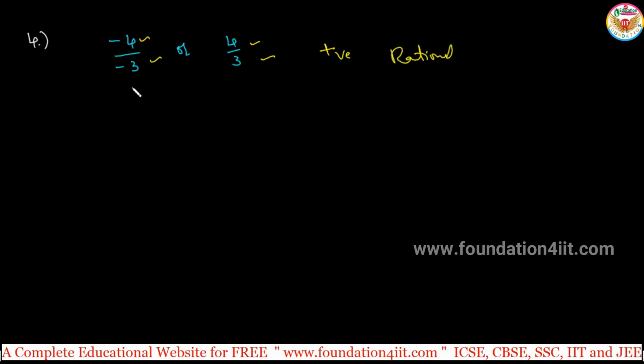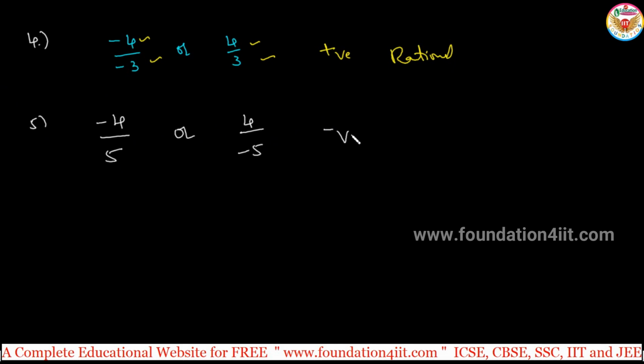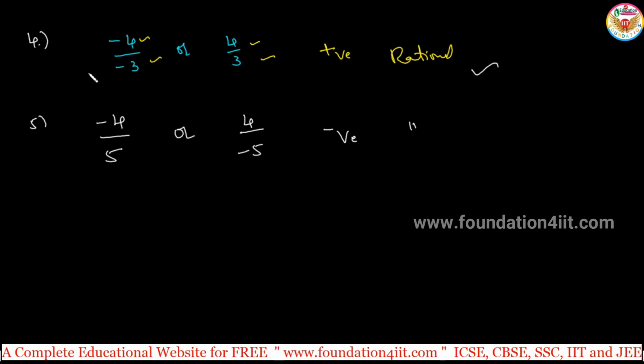When one is negative and one is positive, then it is a negative rational number. Numerator is negative but denominator is positive, or numerator is positive and denominator is negative, it is a negative rational number. Right? Because minus divided by minus is plus. You'll see that in the next class also. So both positive or both negative is a positive rational number. Either numerator or denominator negative is a negative rational number.